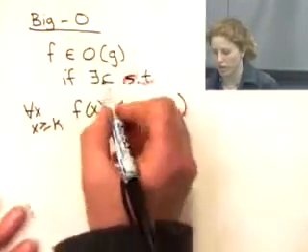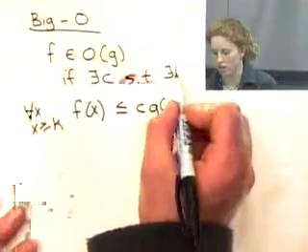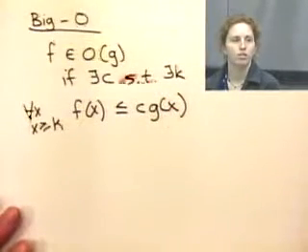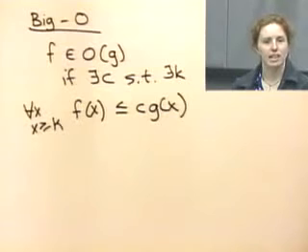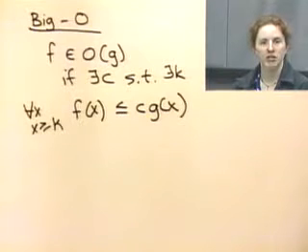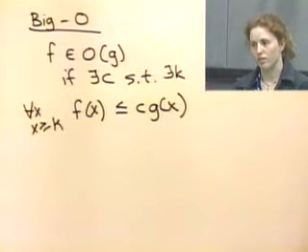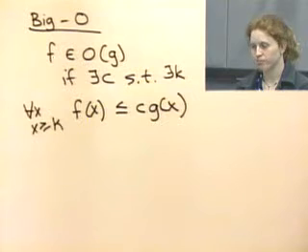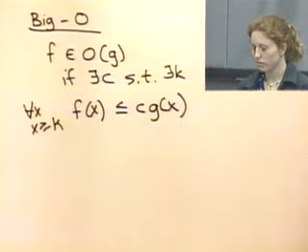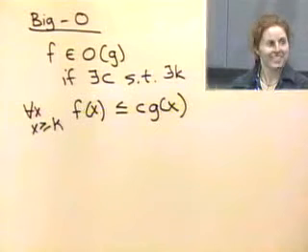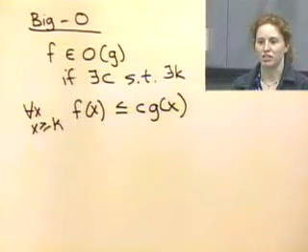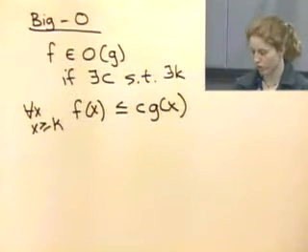So I also have to say there exists a k. It doesn't matter where I put the there exists a k. As long as I have a c and a k that makes this inequality true, then f is in Big O of g. Sometimes we have to actually prove that inequalities are true, and that's the hardest thing to do in induction. So let's prove one.